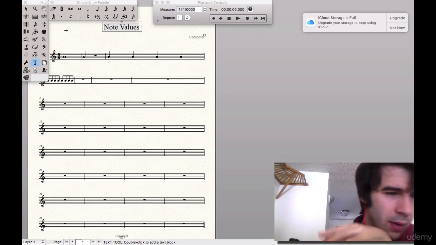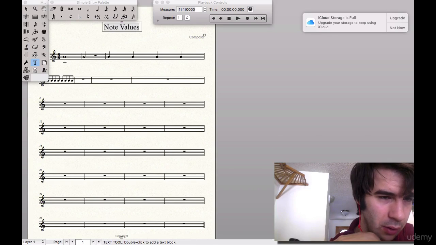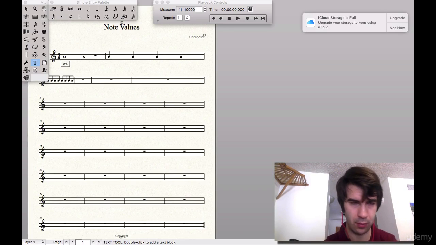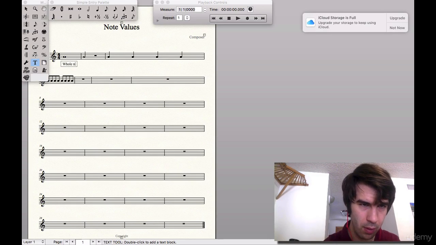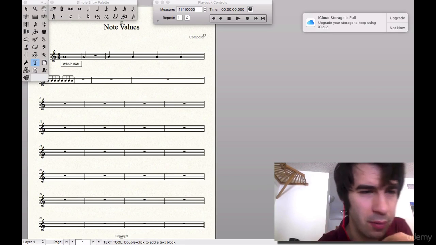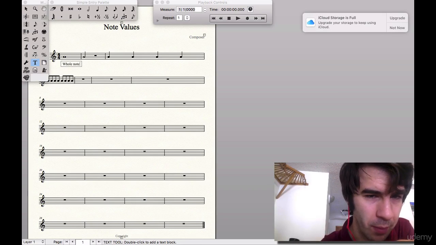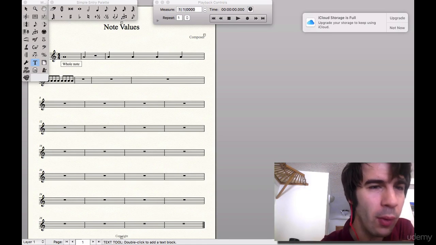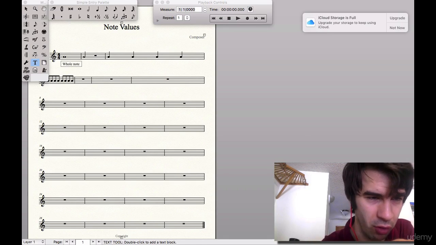Now the first basic note value we're going to learn is the whole note. This whole note here is basically referred to as the long tone, and normally music is divided up into 4 different beats in each measure.